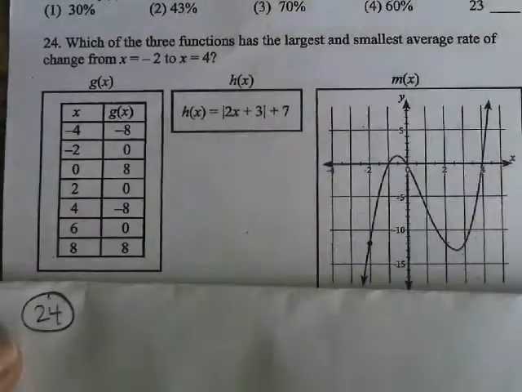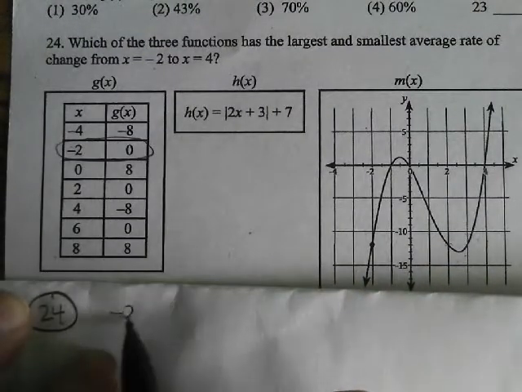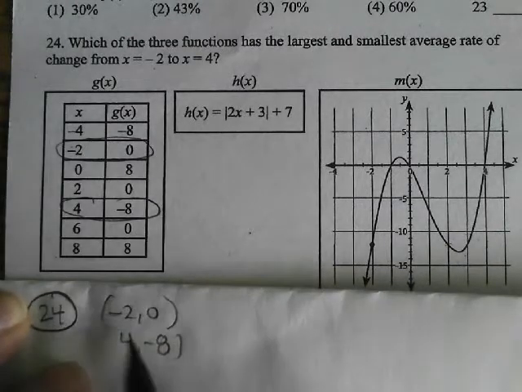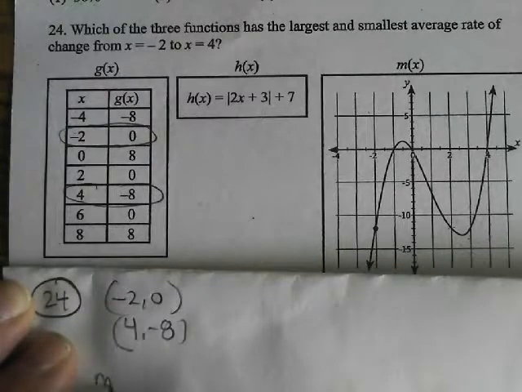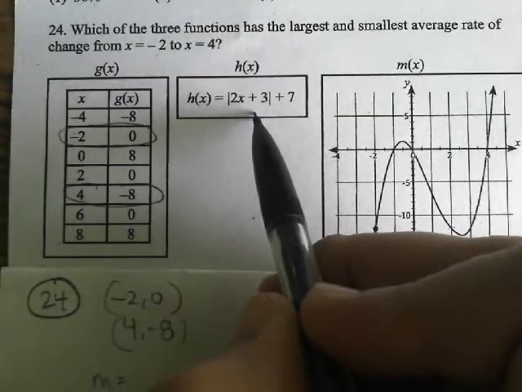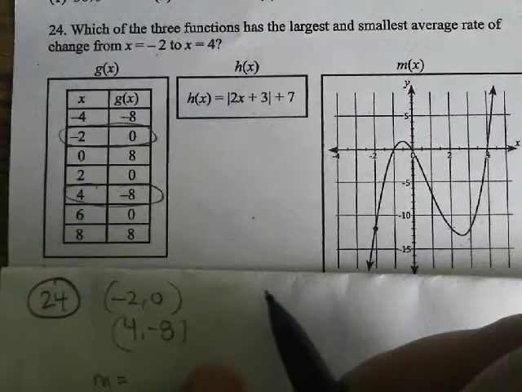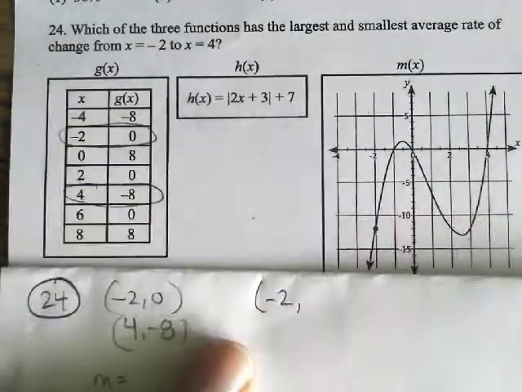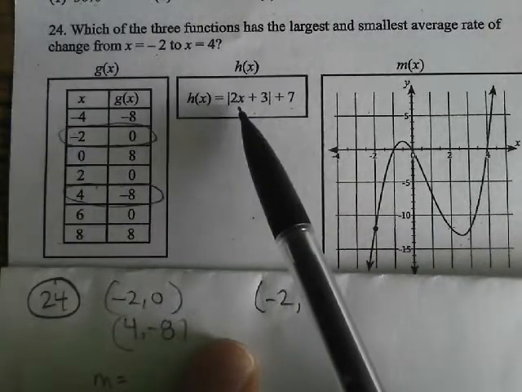From negative 2 to 4, so that would be from here, negative 2, 0, to 4, negative 8. We would do a slope formula for those 2 points. On our second graph, they're giving us the actual equation. When x is negative 2 on this absolute value graph, what's the y-coordinate that goes along with that? 2 times negative 2 is negative 4.